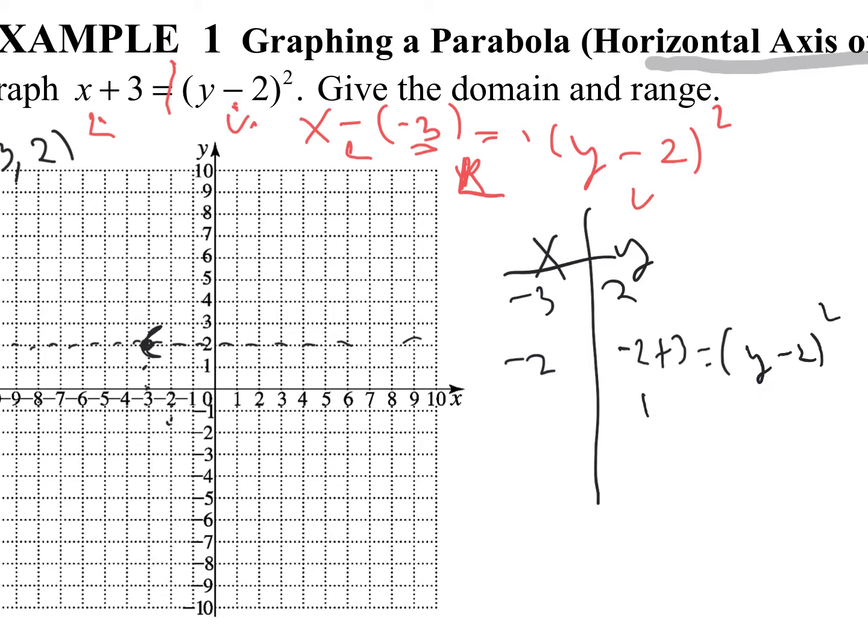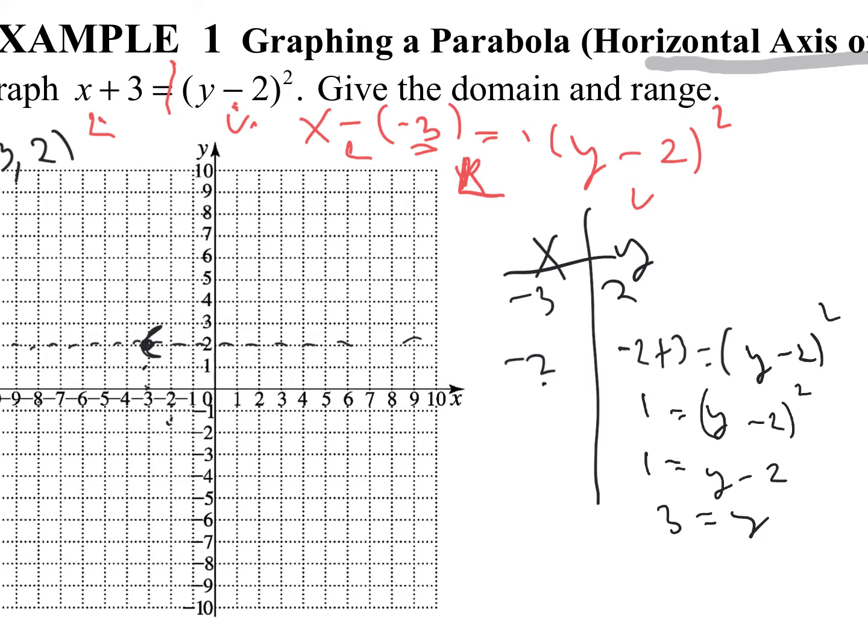Negative 2 plus 3 is a 1. Y minus 2 still squared. I'm not going to square it out. I'm going to get rid of the square by taking the square root of both sides. Square root of 1 is a 1. Y minus 2, now I add 2 to 3 equals y.